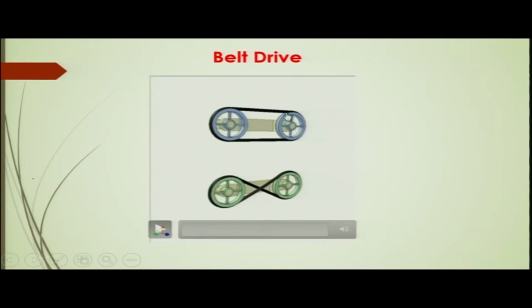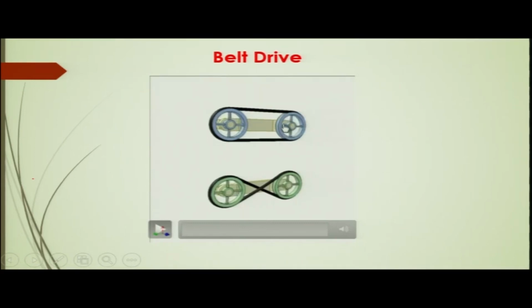Now, an important thing, as I was telling, is the transmission ratio. If you see that both are rotating at almost the same speed, it is because the diameters of both pulleys are roughly the same. To have a higher transmission ratio, if the diameter of this pulley is bigger and the diameter of the input shaft pulley is smaller, then the output shaft will be rotating at a higher speed than the input shaft, as you know, and vice versa.